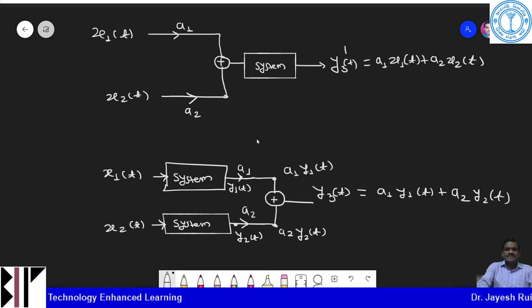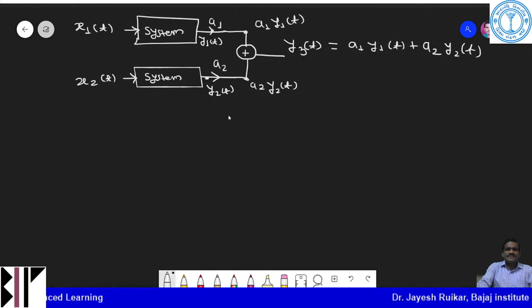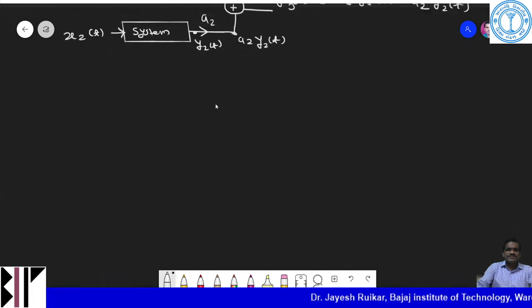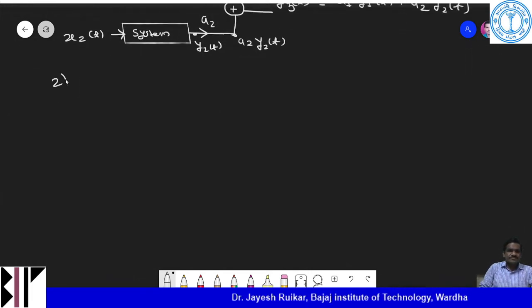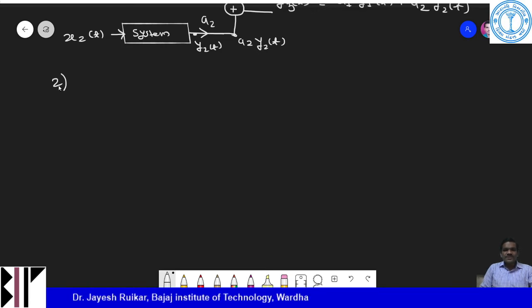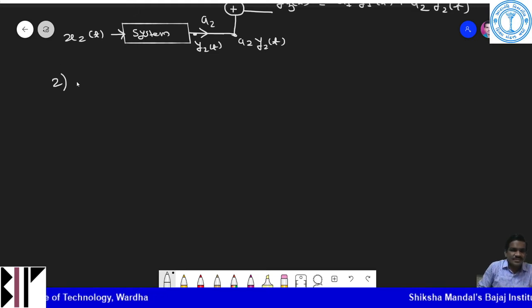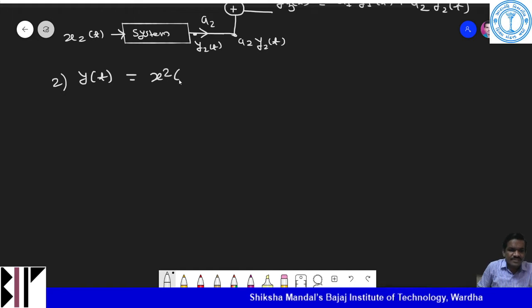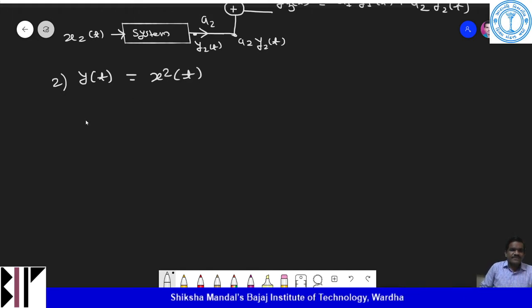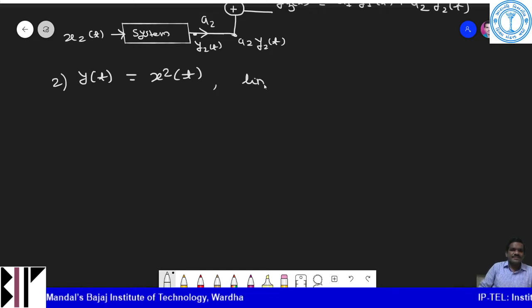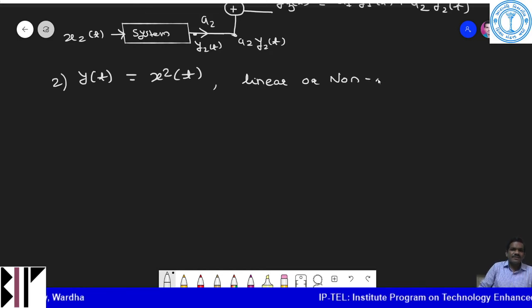Let us take another example, example number 2. y of t is equal to x square of t, and we have to check whether the system is linear or non-linear.